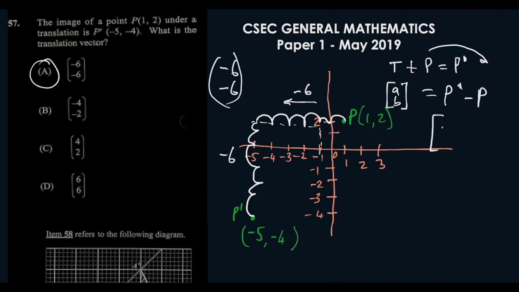P prime is -5, -4, and I'm subtracting what? P, which is 1, 2. So -5 take away 1 is -6, -4 take away 2 is -6. So that's a mathematical way of calculating. And how I know it went like that, because it said the image of a point under a translation is P prime. So I add a translation to P to make it go to P prime. So it's like T plus P equals P prime. So that's how I get that.